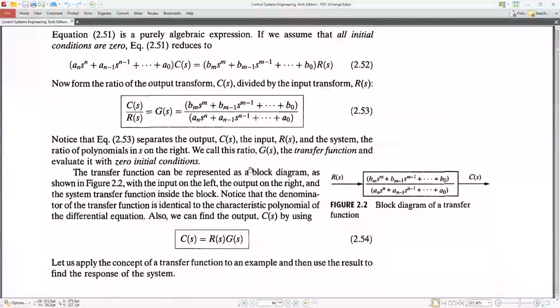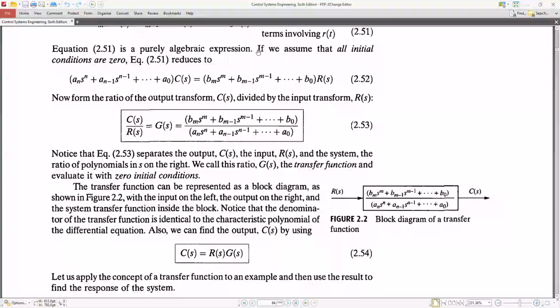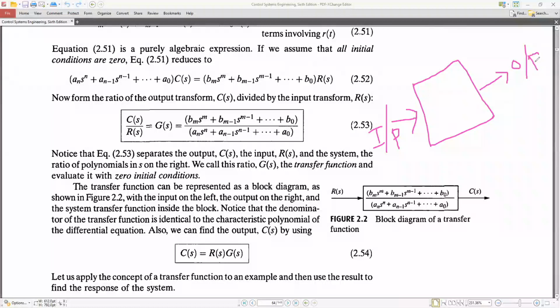Transfer function. We started this one in the last class. What is the transfer function? Let me show you again. Let's say that is your input, and that is your output.